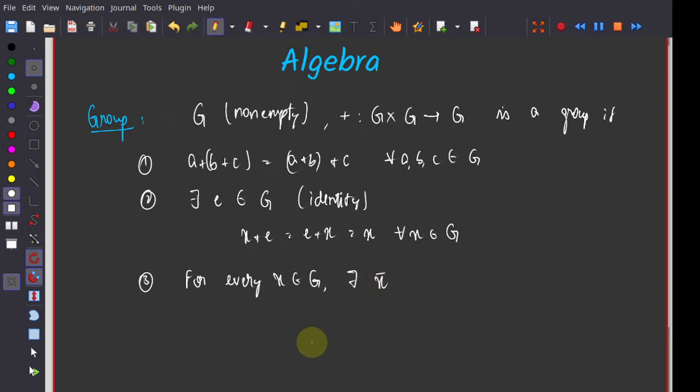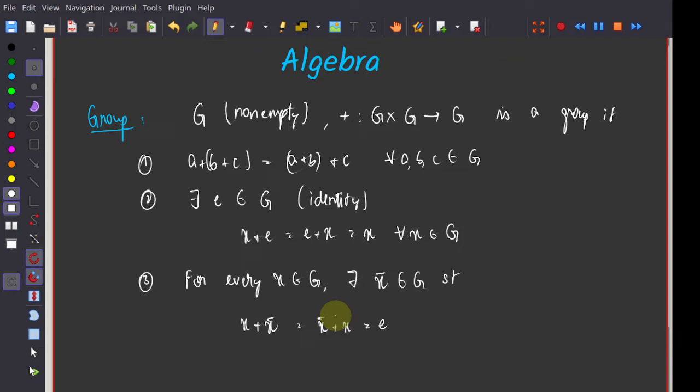We call this x bar, so that x plus x bar is equal to the identity. So these are the three properties that any group must satisfy.